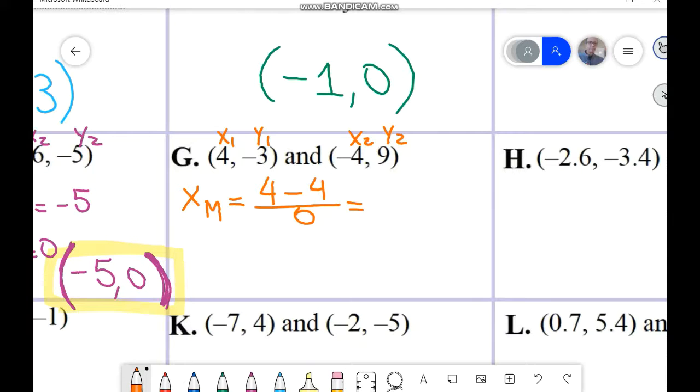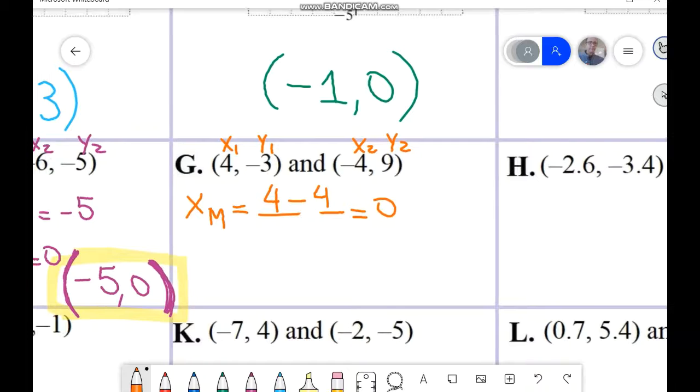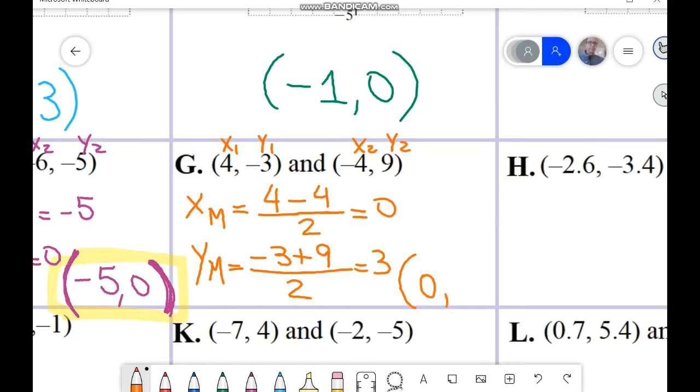This is 4 minus 4, 0, over 2. Sorry. And y of the midpoint equals -3 plus 9 over 2. -3 plus 9 is 6, divided by 2, 3. The answer is x equals 0, y equals 3.